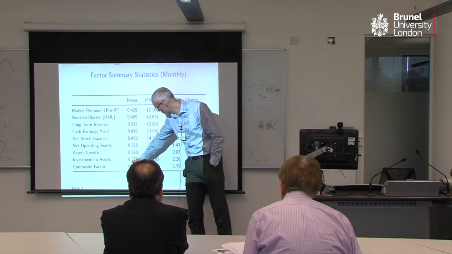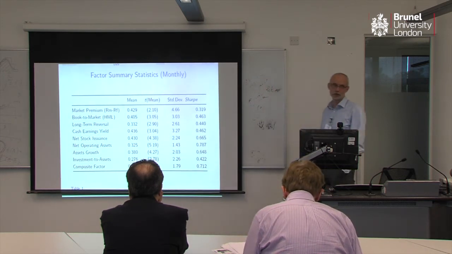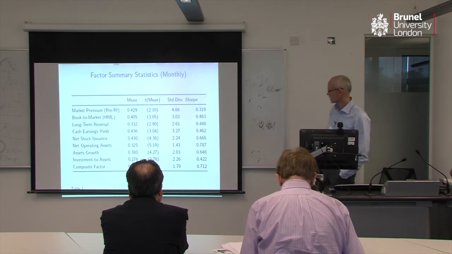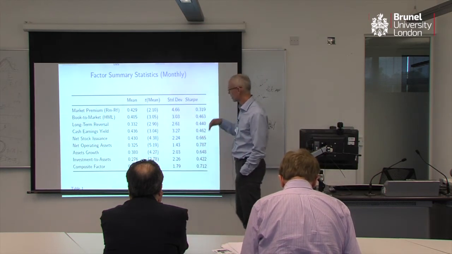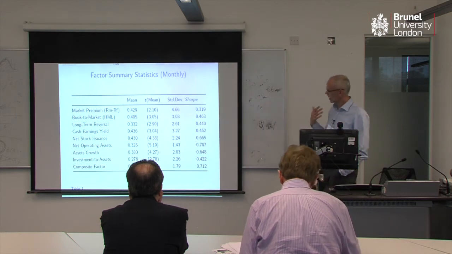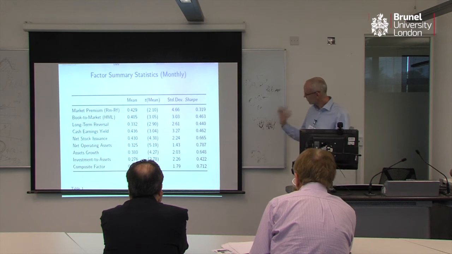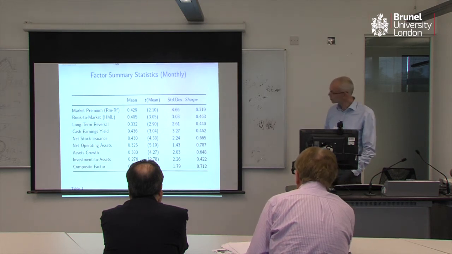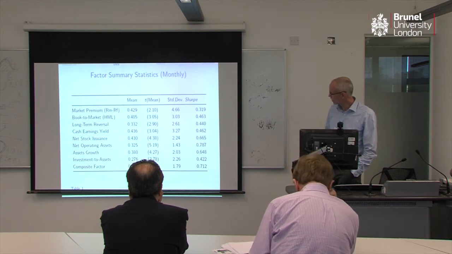The average portfolio would yield around 37 basis points per month, with a t-stat of 4.9. So there's nothing surprising here. What we've taken are things that work in practice, things that have already been shown to predict returns.